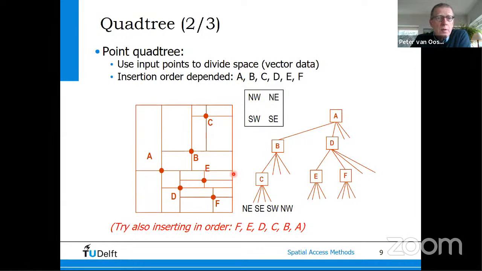The difference now is that the location of A is used as the location where the splitting lines are being put. The second object is B, and B is located over here. That is to the northeast, and northeast is the first branch. So this object B is starting here in the tree.